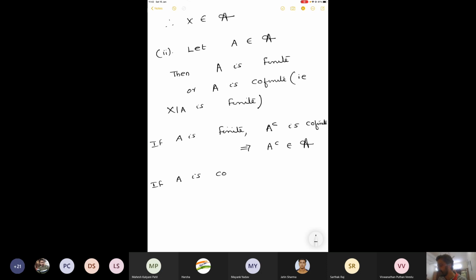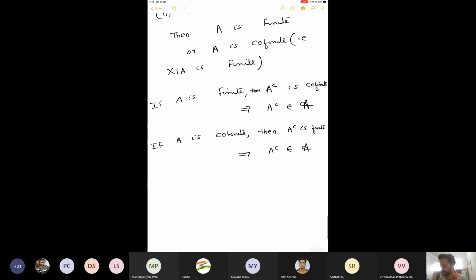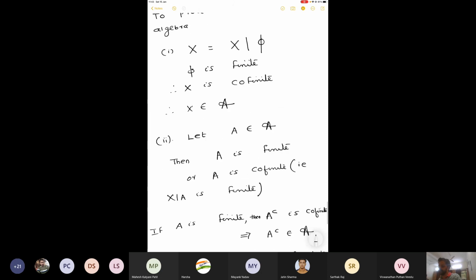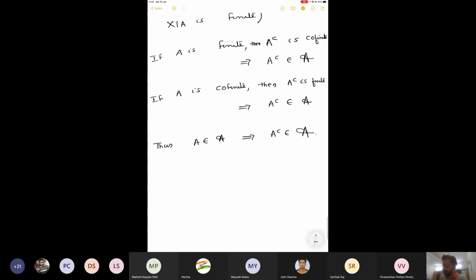If A is cofinite, then by the very definition, A complement is finite, and then A complement will be in A. So in both possibilities of A, you get A complement is in script A. Thus, A in A implies A complement is in script A. That means script A is closed under complementation. That is requirement 2.